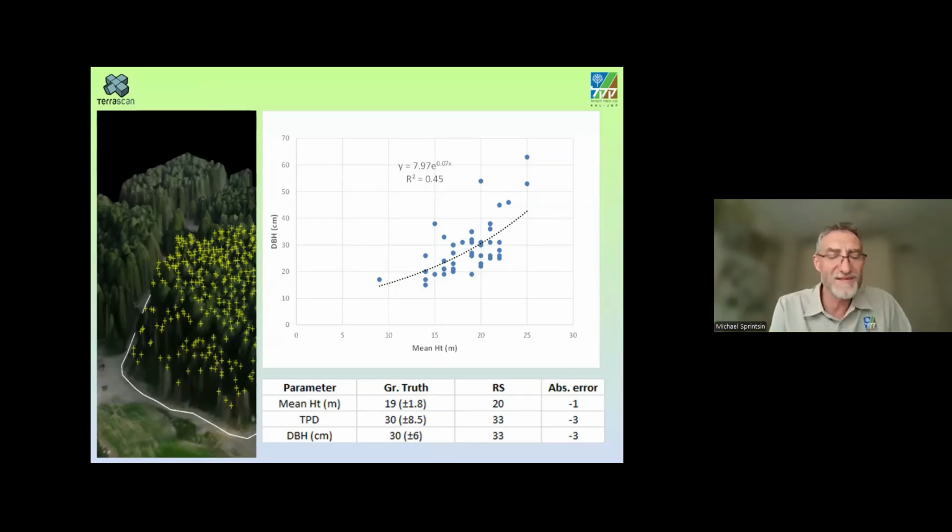So we repeated the study in different, more complicated stands. I'm not showing it here, but the results were pretty much the same. And today we are trying to introduce this technique to save time for our surveys.